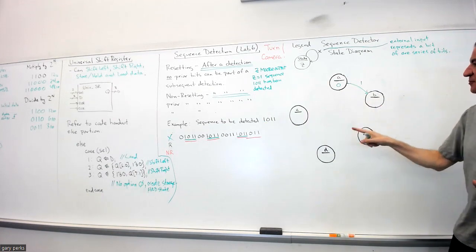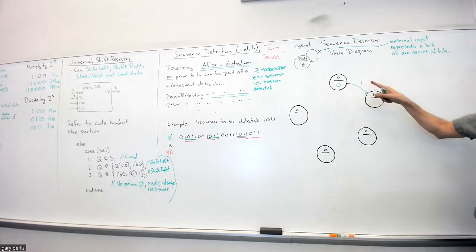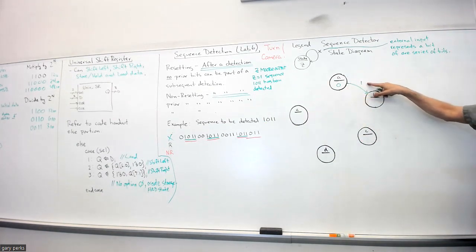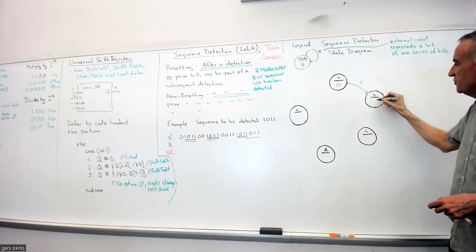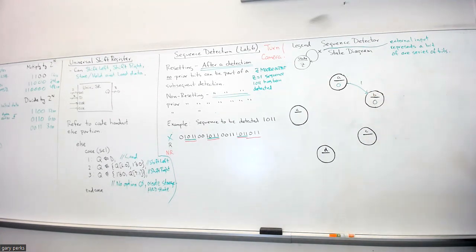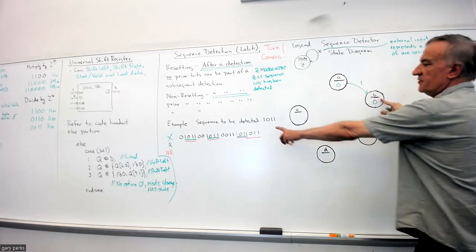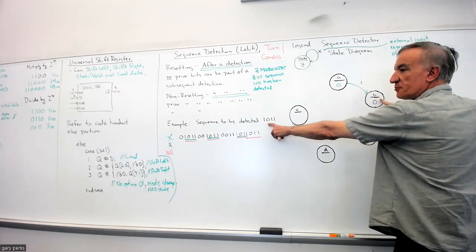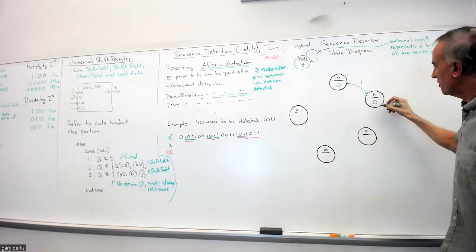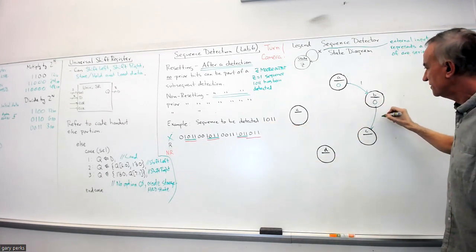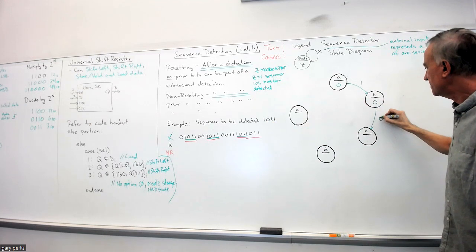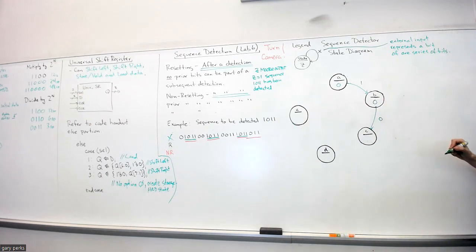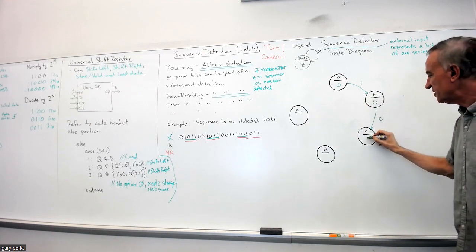Then when I'm in state B, also because we haven't detected the sequence yet, we only got the first bit, Z would still be a 0 here. If I get a 0, that's the next bit I'm looking for in my sequence, so a 0 takes us from B to C. Again, I haven't detected the sequence yet, so Z would be a 0.